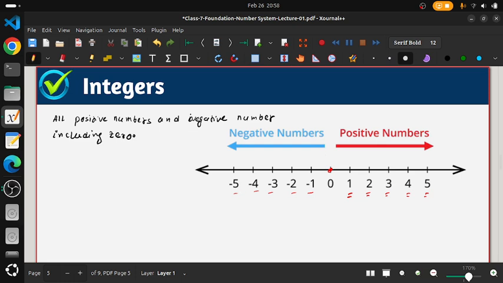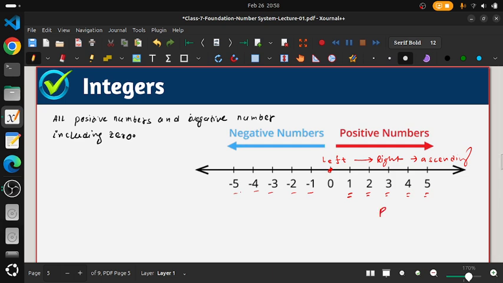So what is happening here? See, from left to right, the numbers are in ascending order. Correct? If I talk about left to right, you see the numbers are in ascending order. Obviously, if I talk about right to left, it will be descending order.